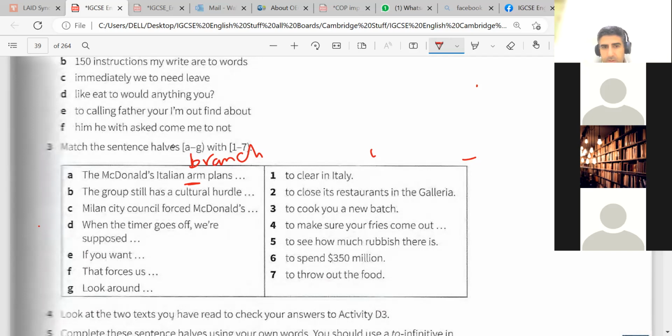I think. Okay. Do you agree, Ajuri? What does batch mean, ya shabab?